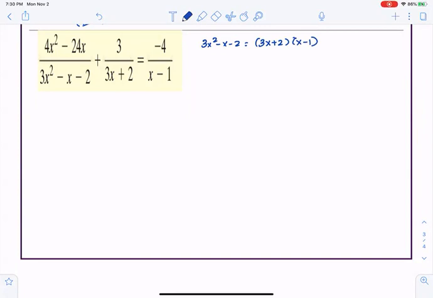So I want to change the second denominator to look like 3x plus 2 times x minus 1, because the first one has it. So all we have to do now is multiply and divide the second rational expression on the left-hand side by x minus 1.